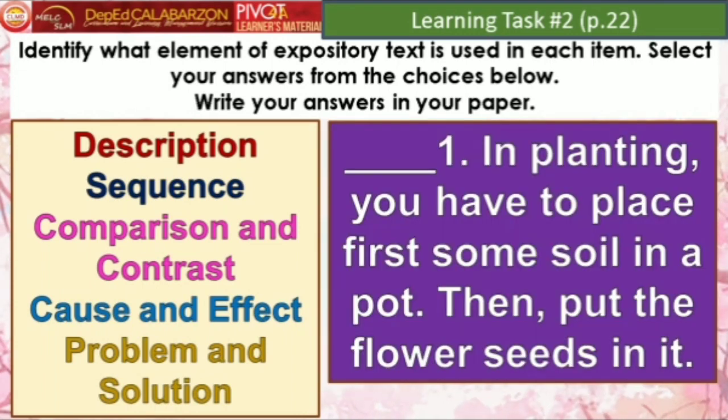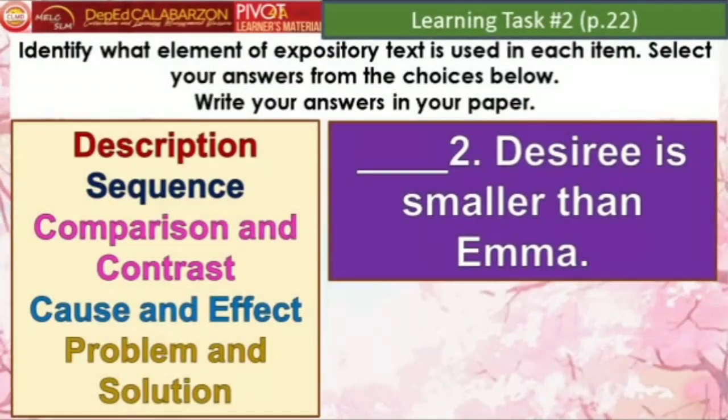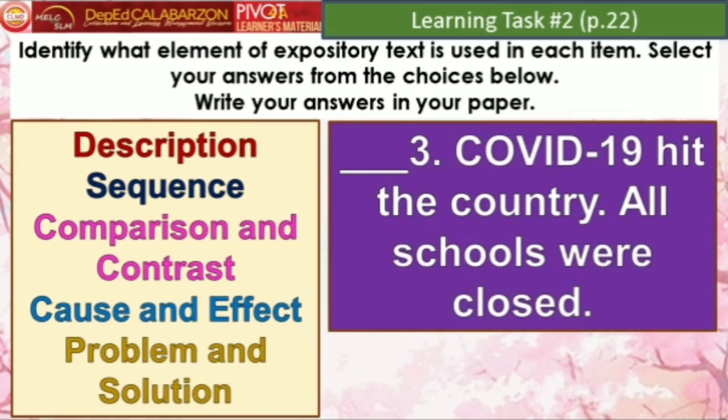Number 1. In planting, you have to place first some soil in a pot. Then, put the flower seeds in it. Number 2. Desiree is smaller than Emma. Number 3. COVID-19 hit the country. All schools were closed.